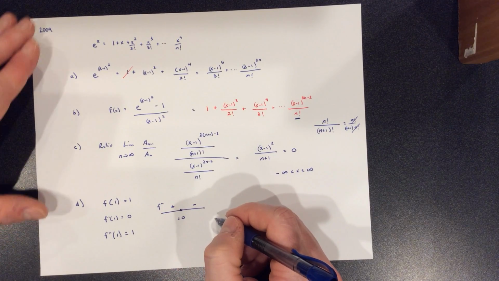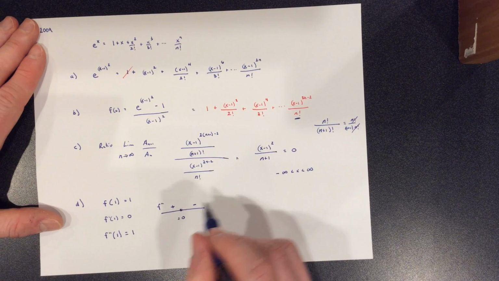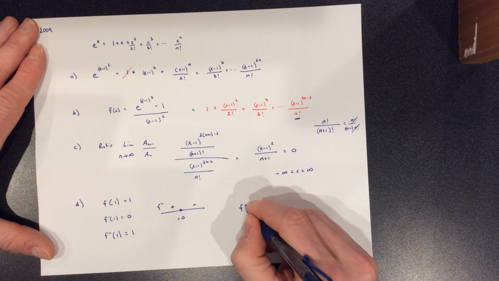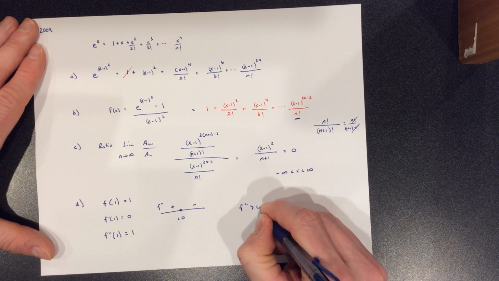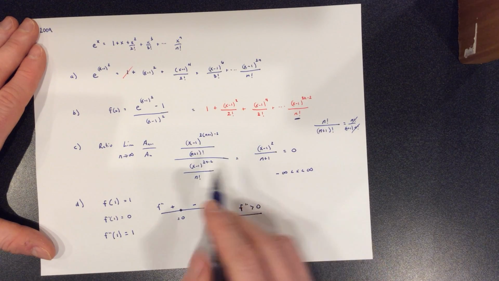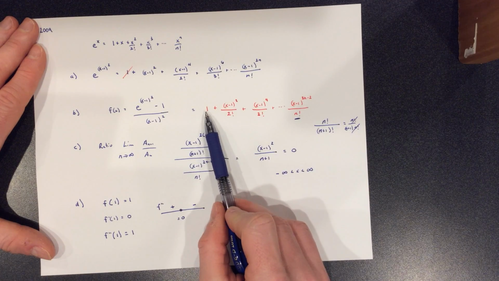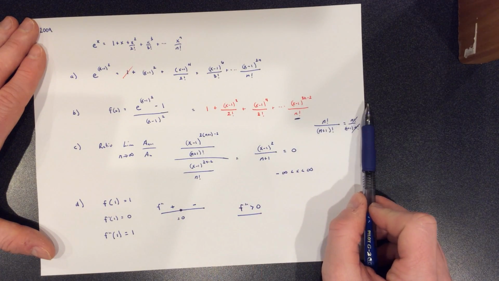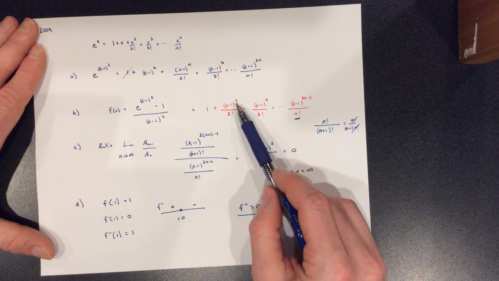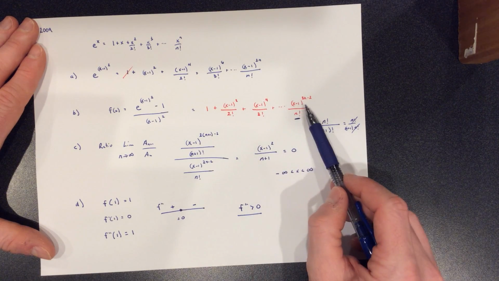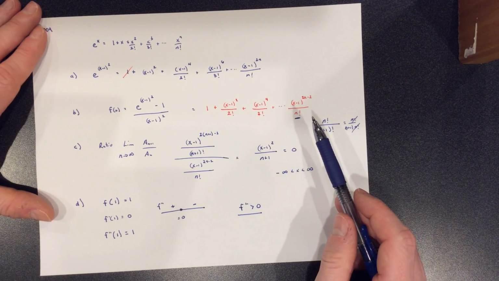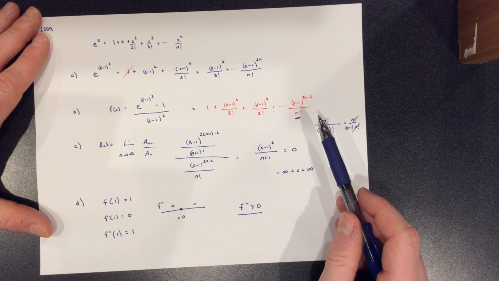In this case, the second derivative is positive for all x, because how would it ever be negative? All of these terms here are positive. All their derivatives will be positive, and you'll never get a change because it's a squared, a fourth, a sixth, an eighth, a tenth. We can never have a sign change. Everyone okay with that?